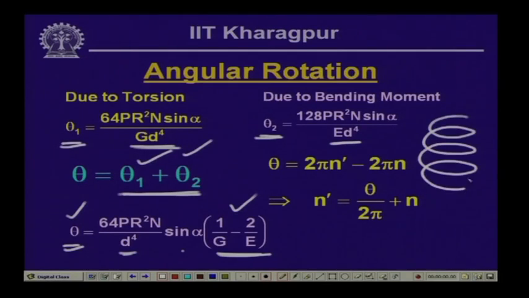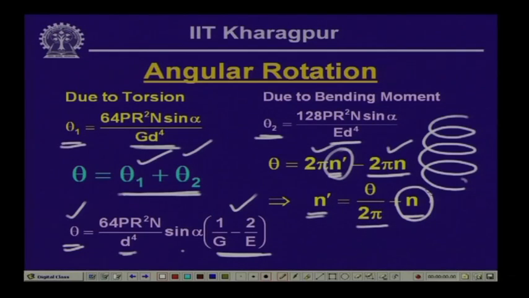From the original number of wounds there may be an increase, and if we call this N dashed, then twice pi N dashed is the rotation it undergoes in the deformed state, and earlier it was twice pi N. So the increase is twice pi N dashed minus twice pi N, from which we can compute that N dashed equals theta by twice pi plus N.